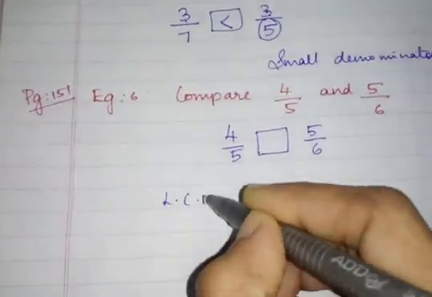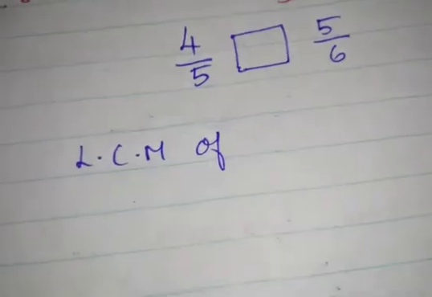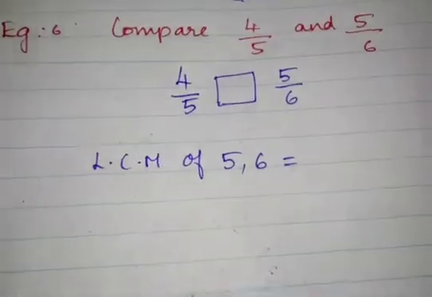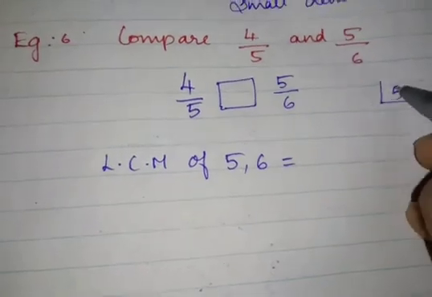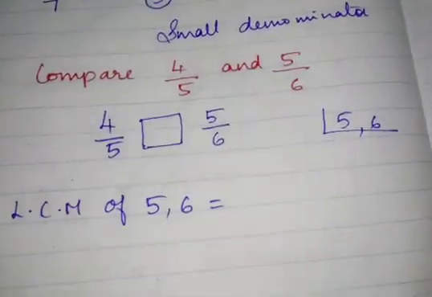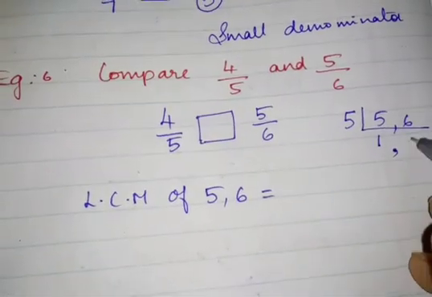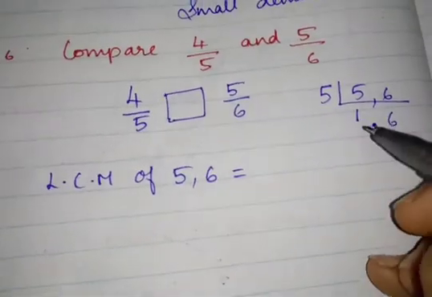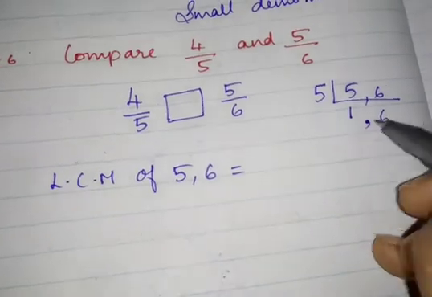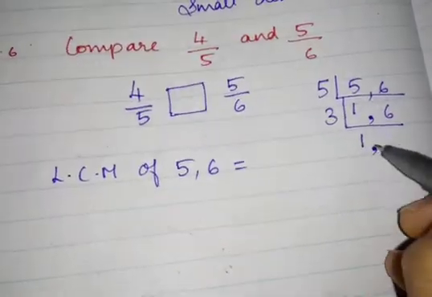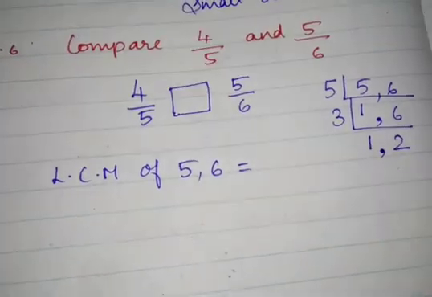LCM of 5 comma 6 you should find. First I'll write 5 comma 6, children. In the fifth table I'll go first. 5 ones are 5. 6 does not come in the fifth table, so I'm writing 6 as such. Next, in the third table, 1 down as such, 3 twos are 6.